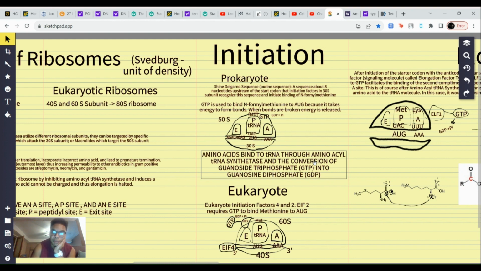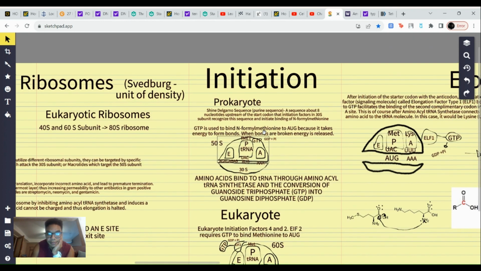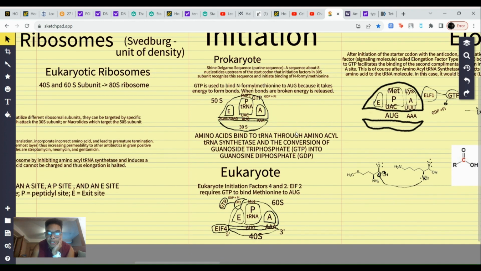Because it takes energy to form bonds. When bonds are broken, energy release is a little redundant. But hey, repetition never hurt anybody.